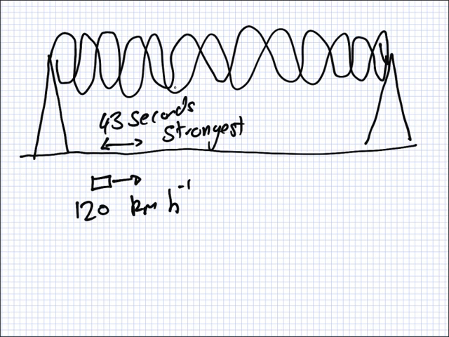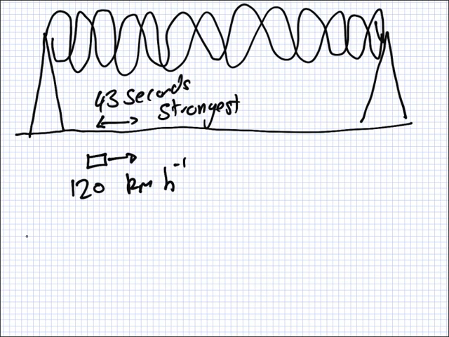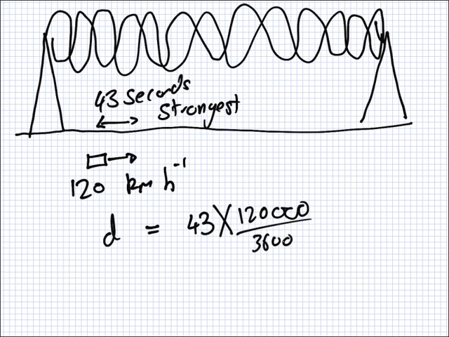So, how do we do this? First thing you have to get is the distance between the peaks. Now you have to convert this into meters per second. 33.3333. That was this number over this number.